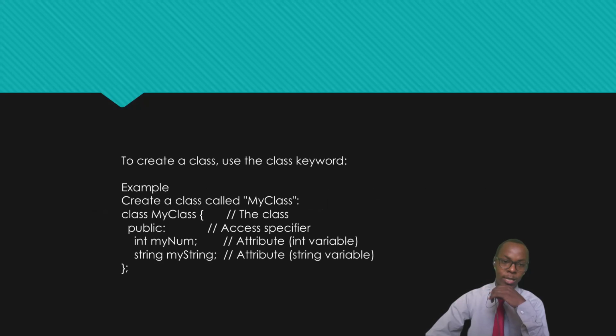The class keyword, the class name is my class, and we have the access specifier, which is public, meaning these member variables can be accessed anywhere, let's say my number and my string, which can be my name. These are the attributes. Then we end the class with a semicolon.